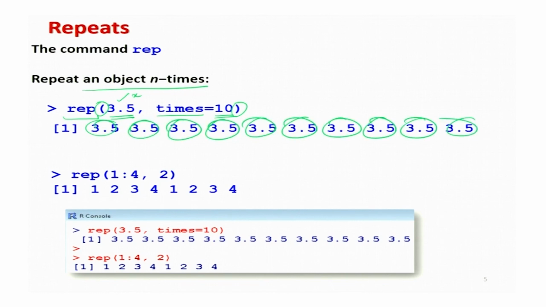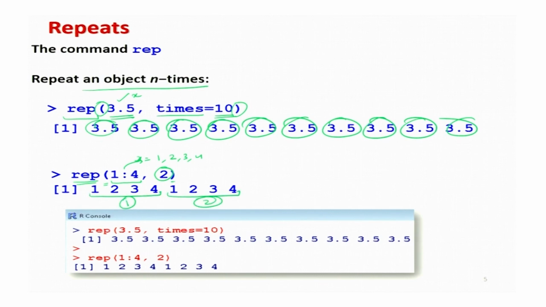Similarly, if you write rep and then within the parenthesis 1:4, what is the meaning of this 1:4? Now you know this is 1, 2, 3 and 4. This is your x, a vector. And then you write 2, so it is going to repeat it 2 times. You can see here 1, 2, 3, 4 one time and 1, 2, 3, 4 two times.